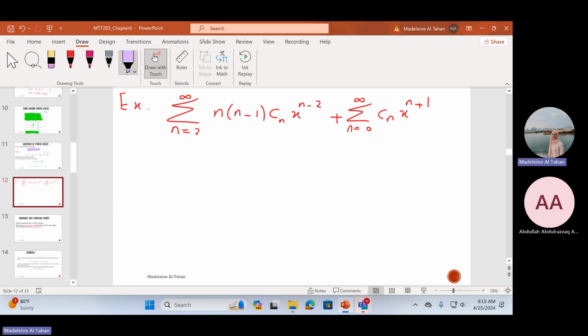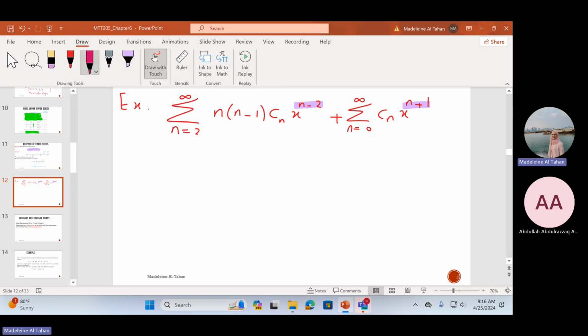It means that with series, we will add them in the same way. Where's our problem? What's the power of this one? And what's the power of this one? Do they have the same power? Look at them. They do not, so we cannot add them in this way.